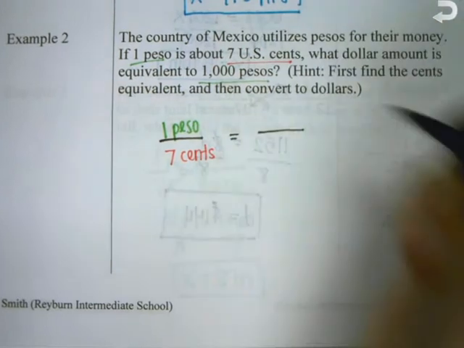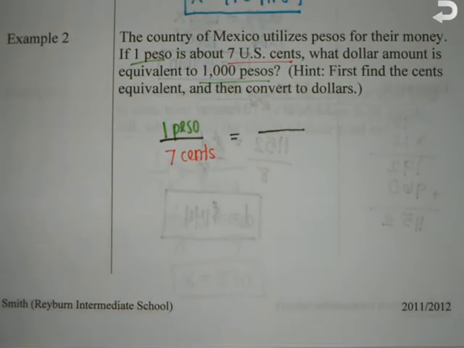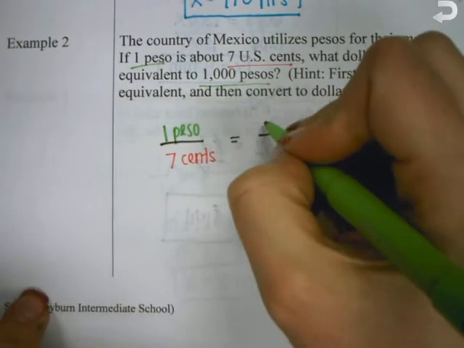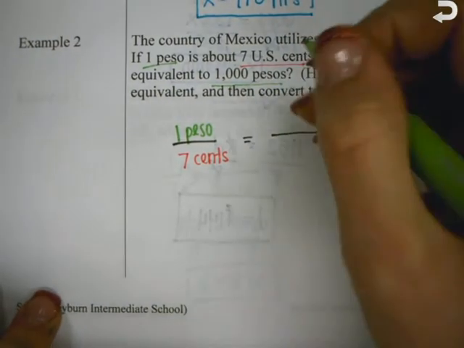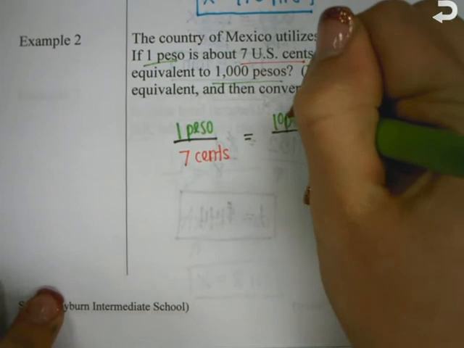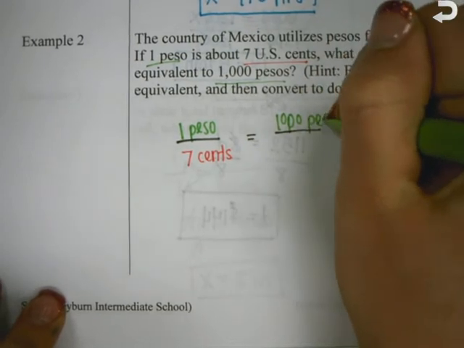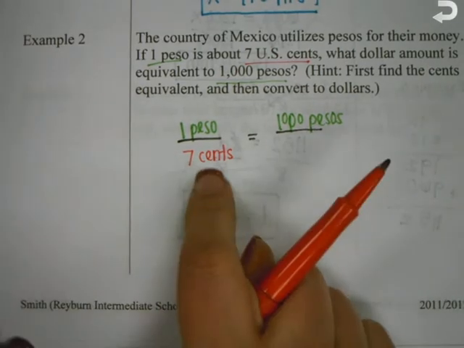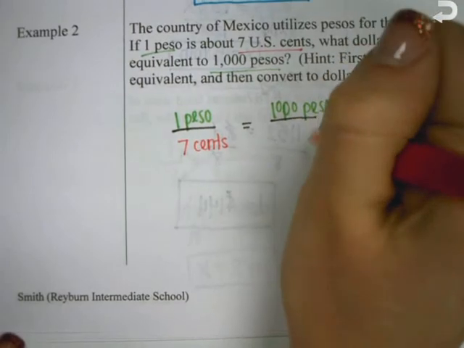We know that we have 1,000 pesos, so we're going to put that on top or on bottom? On top. And we don't know how many cents it is, so let's do M for money. No, M for Mexico.